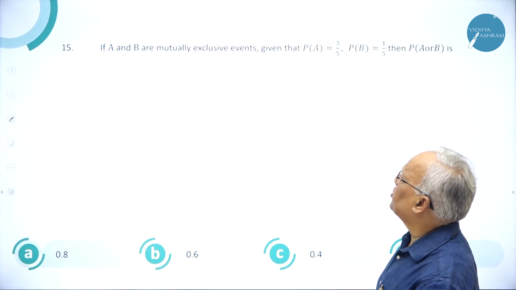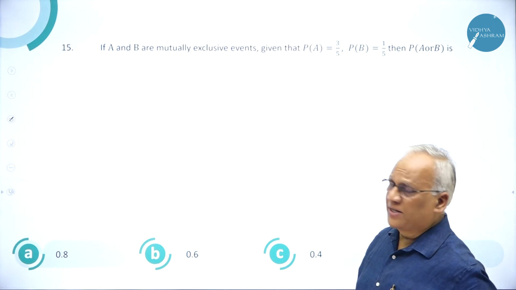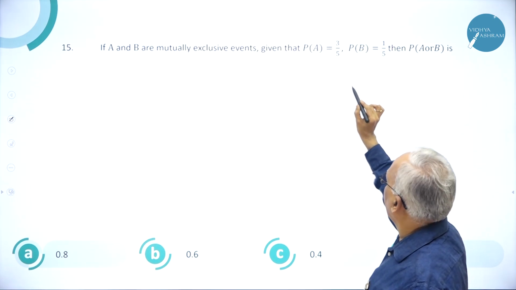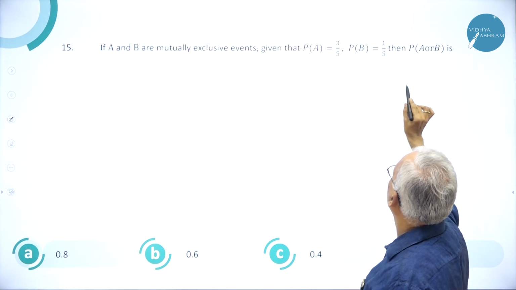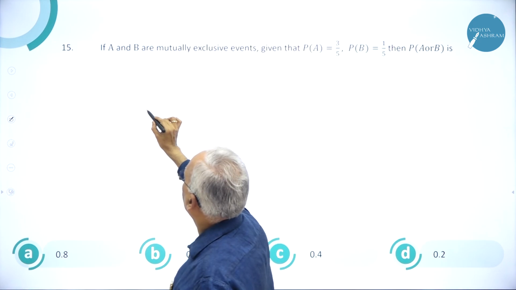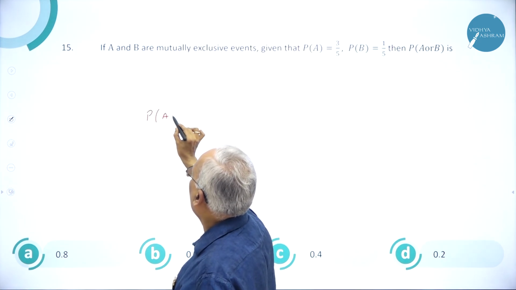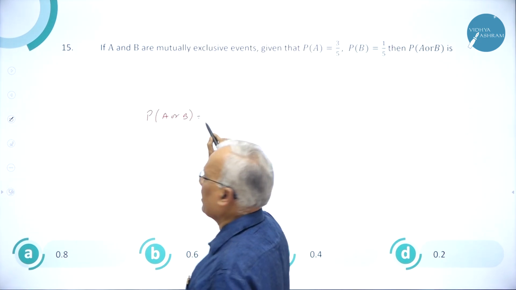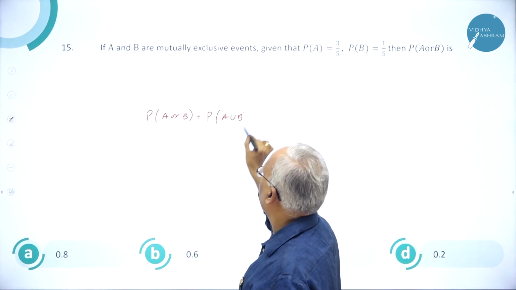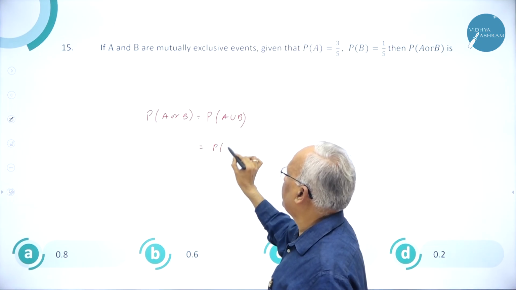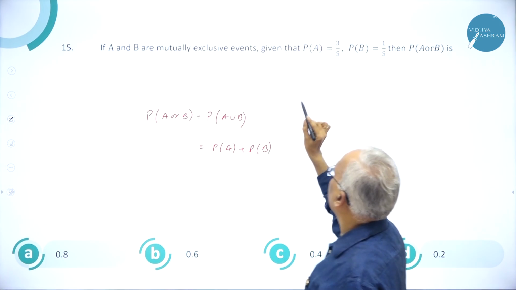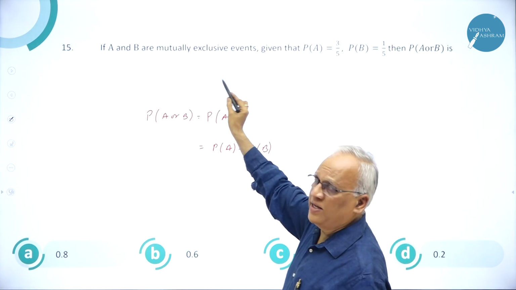If A and B are mutually exclusive events, again A intersection B is the null set. Given that probability of A equal to 3 by 5, probability of B is 1 by 5, then what is probability of A or B? Easiest question. Probability of A or B is the same as probability of A union B, and that is equal to probability of A plus probability of B minus probability of A intersection B, which is 0 because they are mutually exclusive.